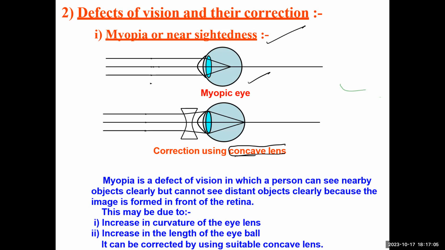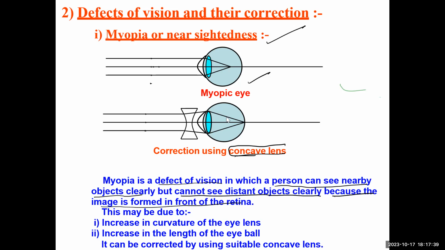What is myopia? Myopia is a defect of vision in which a person can see nearby objects clearly, but cannot see distant objects clearly because the image is formed in front of the retina. Why can a person with myopia not see clearly?